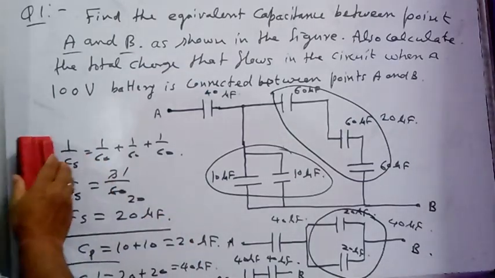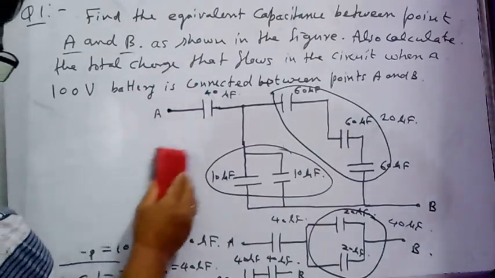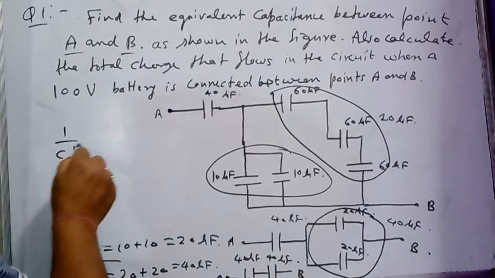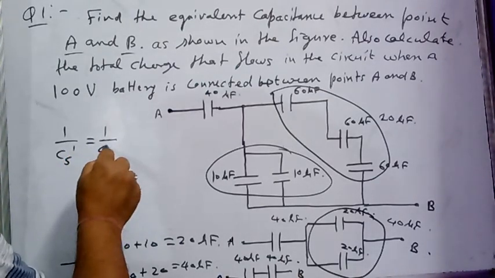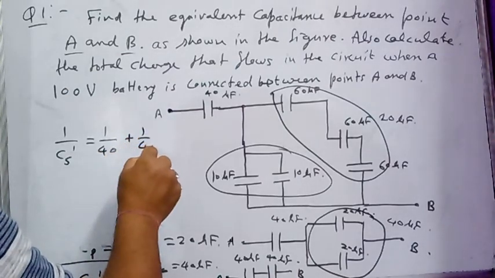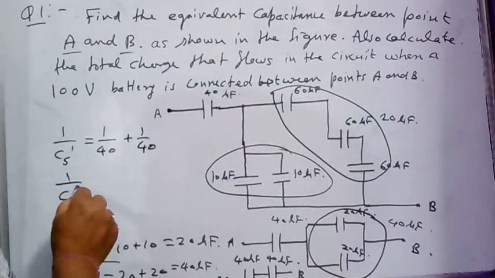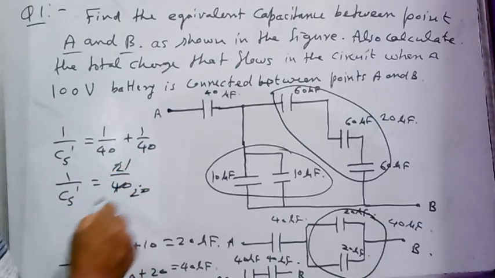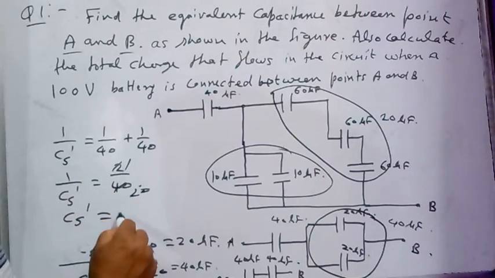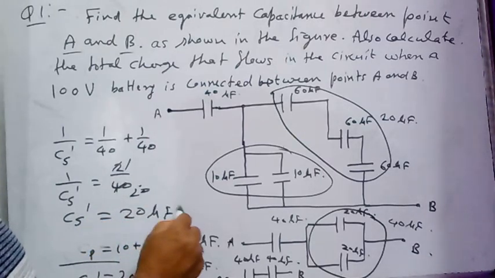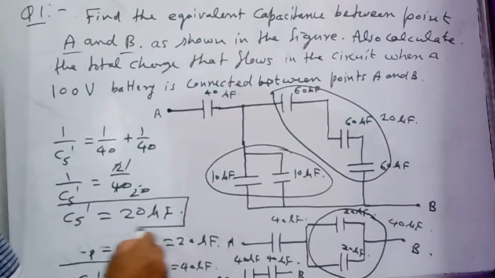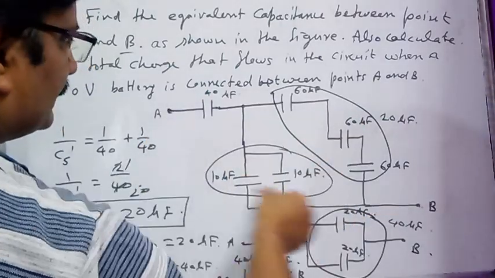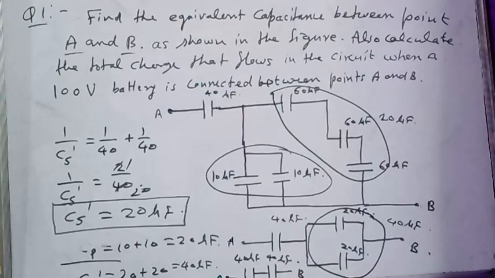If you again use formula for the series combination, you can write 1 by Cs dash is equal to 1 by 40 plus 1 by 40, or 1 by Cs dash is equal to 2 by 40, and value of Cs dash is going to be 20 microfarad. This would be the equivalent capacitance between point A and B for this network of capacitors.